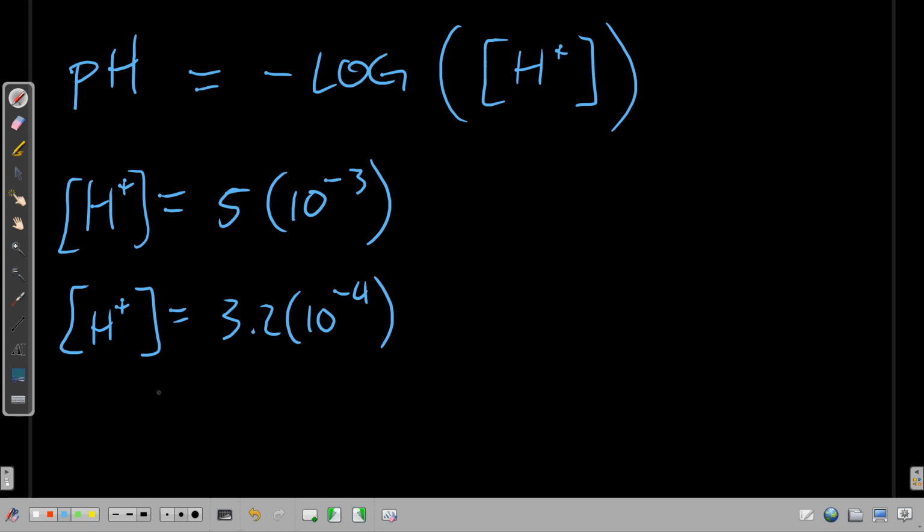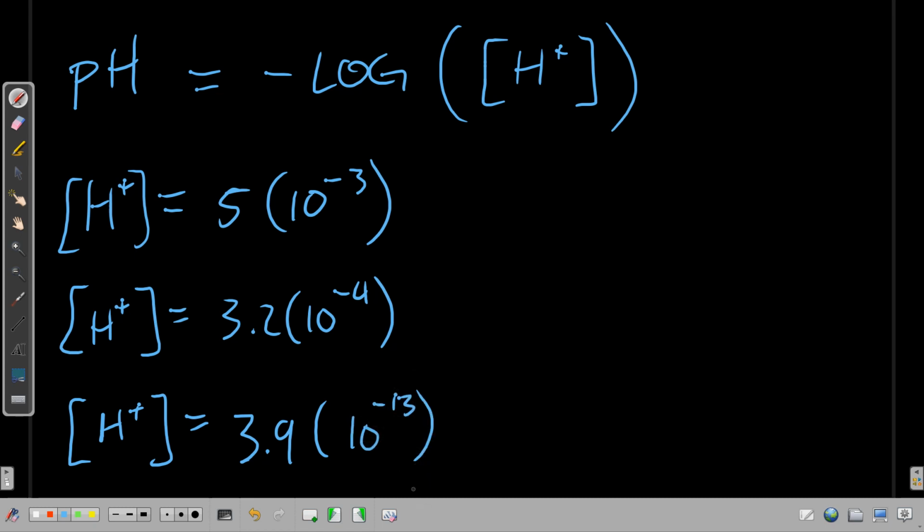And for hominy, which is lye, evidently, did not know that, it's pretty extreme here. The hydrogen ion concentration is 3.9 times 10 to the minus 13. That was just the information that they gave me.